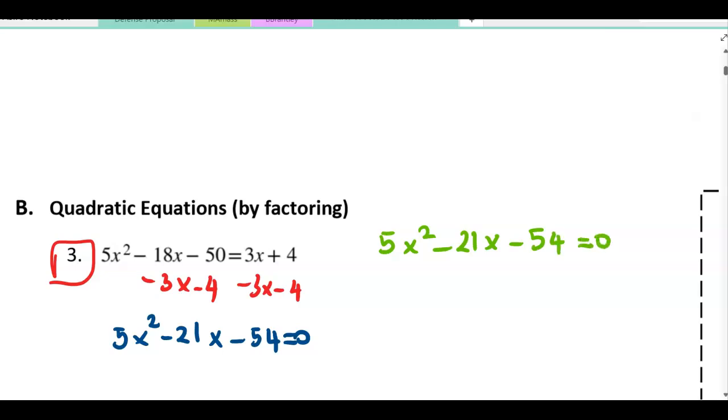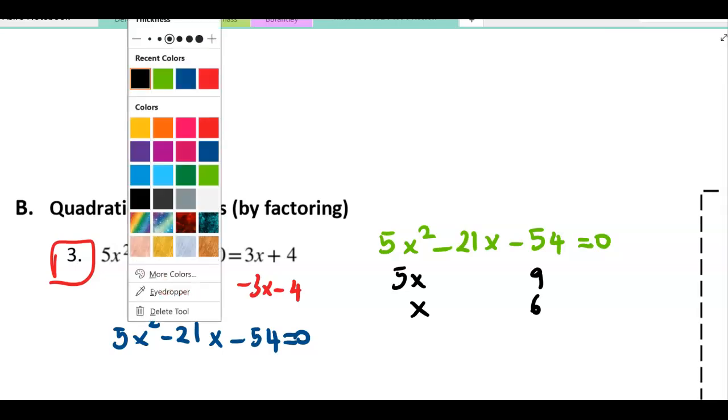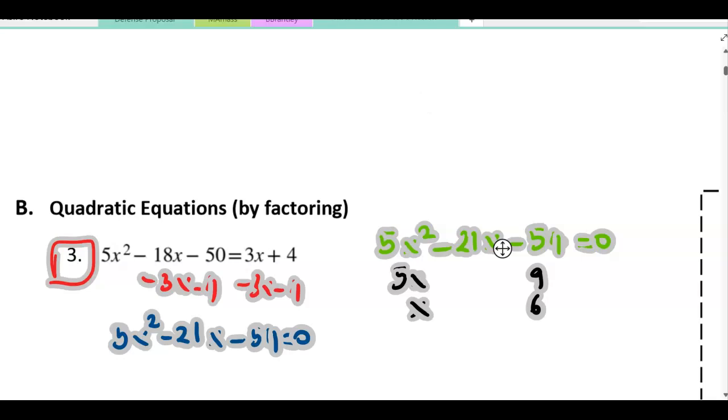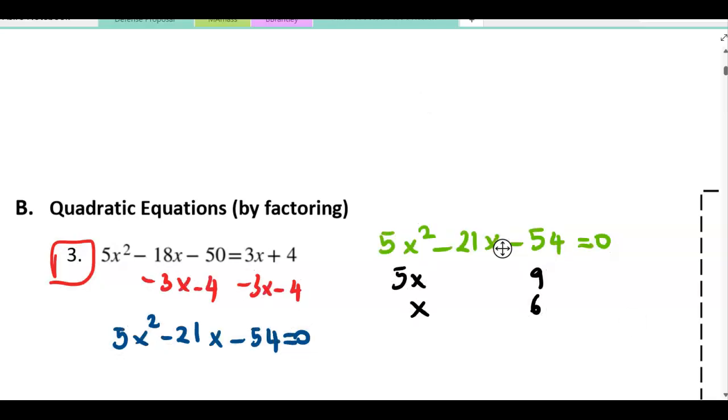How do I do it? I'm looking for the multiples of 5x squared. Luckily 5 is a prime number, so 5x and x. Think about the multiples of 54. I place them in a way that when I multiply them, one of them should be negative 54.